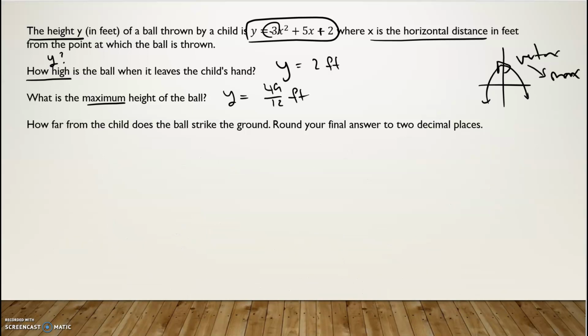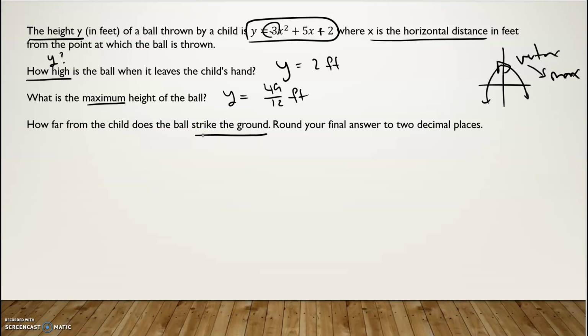Last question is how far from the child does the ball strike the ground? Round your final answer to 2 decimal places. Okay, so when the ball strikes the ground, then what we're talking about is there's absolutely no height to the ball because it's on the ground.